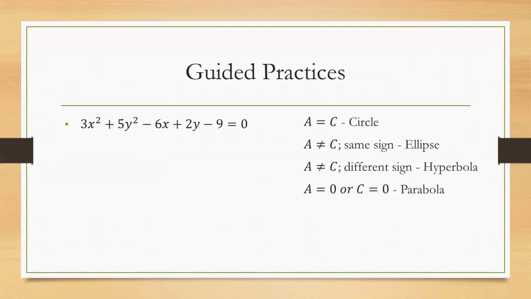So from here, we look at the A coefficients and C coefficients. A coefficients are the numbers beside the x squared. Remember, these are the numbers before x squared, while the C coefficients are the numbers that are always beside the y squared term.